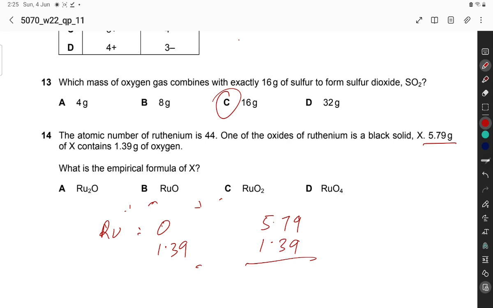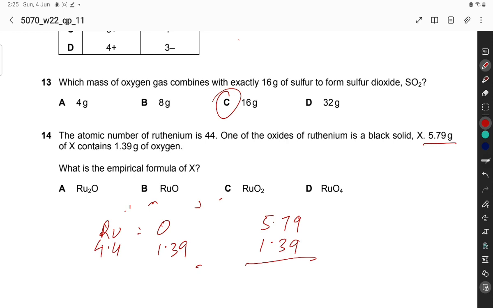The ruthenium is about 5.79 minus 1.39 is equal to, so 4.4 gram is, so this is atomic number.